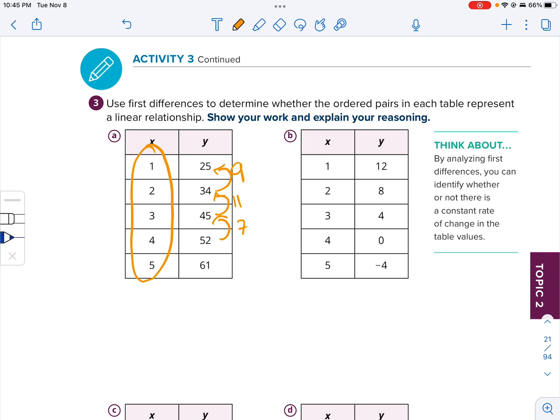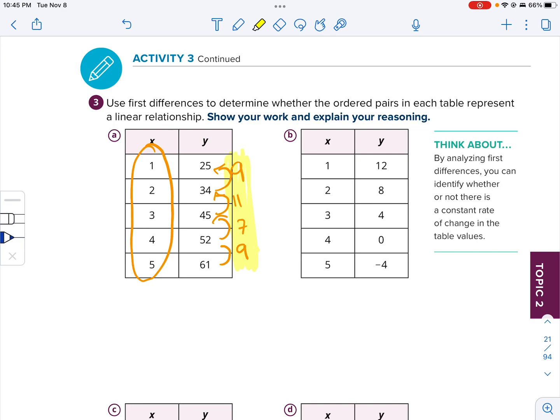Sorry. Oh, sorry. Whew. Okay, and then this would be 9. So do you notice how these numbers are not the same? They are not consistent. Okay? So this is not a linear relationship.